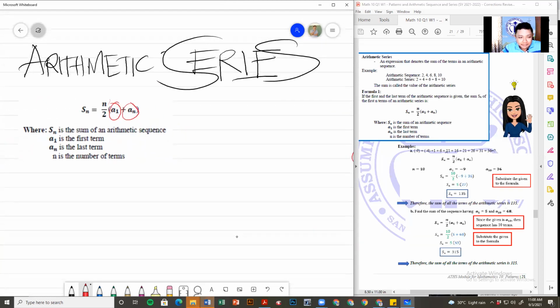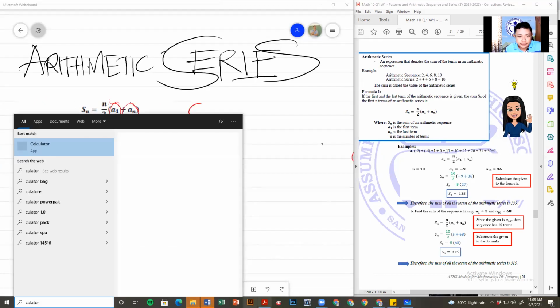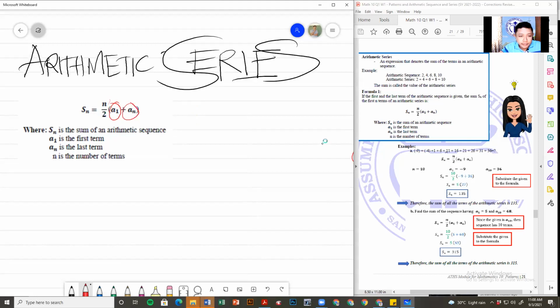Let's try this. Find S sub 100 if a sub 1 is equal to 1 and a sub 100 is 100.